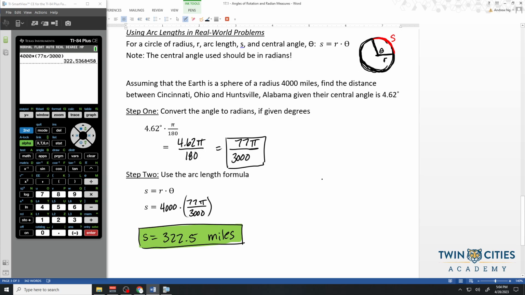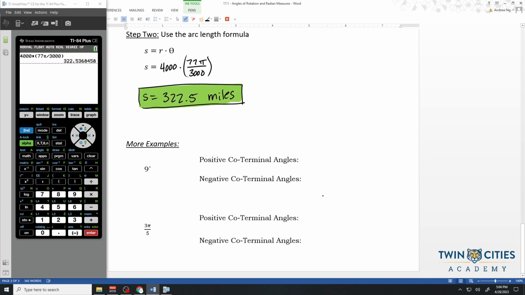The last thing you'll need is how to find positive and negative coterminal angles for something in degrees as well as for something in radians. Degrees is going to be a little more familiar. For something that's positive, we're just going to add 360 degrees.